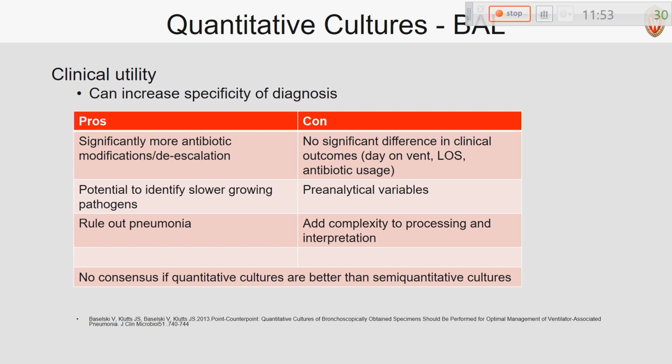If you think about a bronch specimen and the ones that you get in the lab, sometimes they have a little bit of fluid in them, sometimes they have a lot, so there might be a predetermined dilution factor there. And it does add some complexity to the processing and the interpretation because you have to do the dilution and then do the colony counts. In general, the articles I read showed there was really no consensus on whether quantitative cultures are better than semi-quantitative cultures, in particular as it relates to VAP specimens, but I did see some information for community-acquired pneumonias as well.